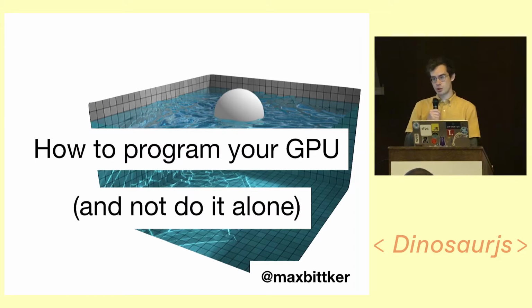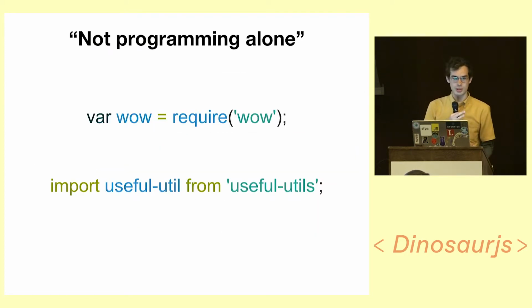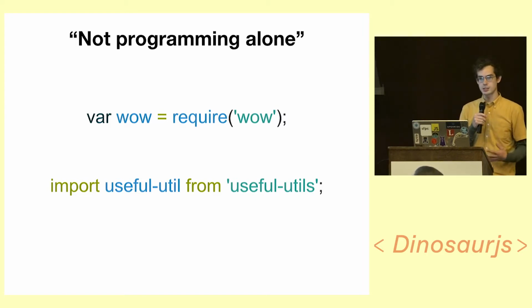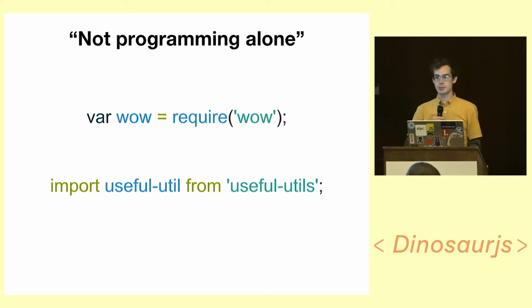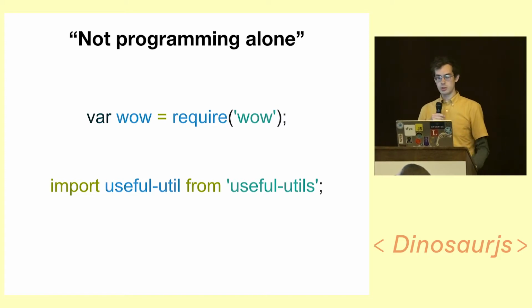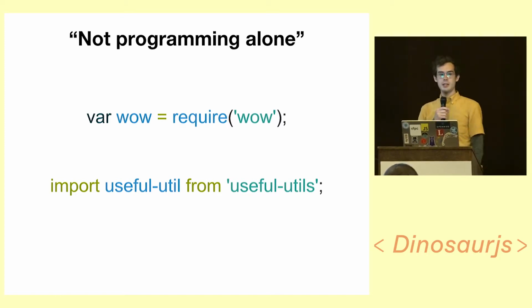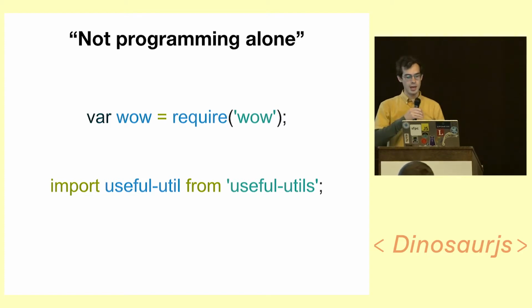So when I say not programming alone, what I'm talking about is stuff like this. I'm sure that really frequently you go about solving some task with code, and one of the first steps, or just a very common thing you do, is you start by requiring some code from elsewhere in your code base, written by your teammate or your previous self or someone on the internet who you've never met.